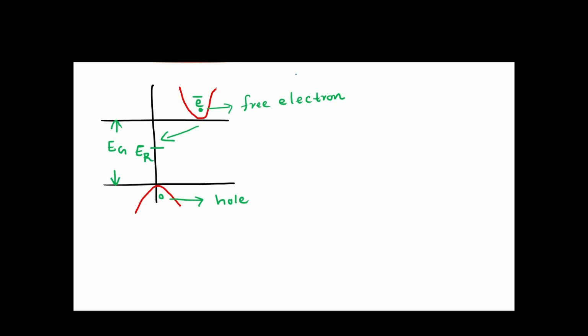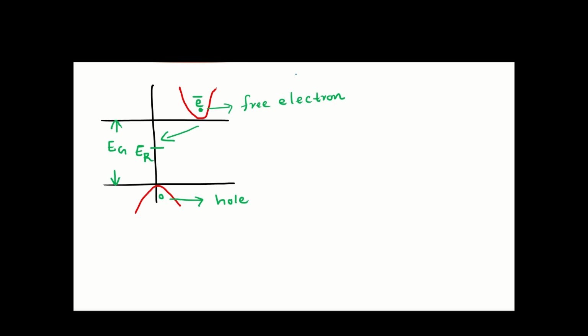Okay, so for indirect band gap semiconductor, indirect recombination is done by a two-step process. First is free electrons move into the intermediate level by changing momentum and energy. After that, electrons move from intermediate level ER into a vacancy in the valence band by releasing energy.